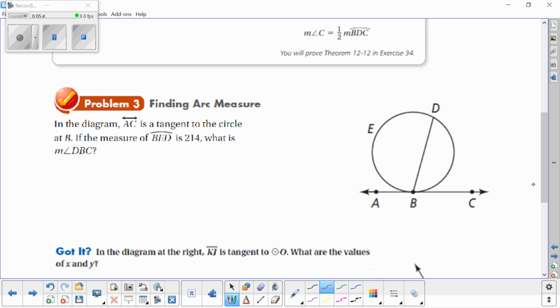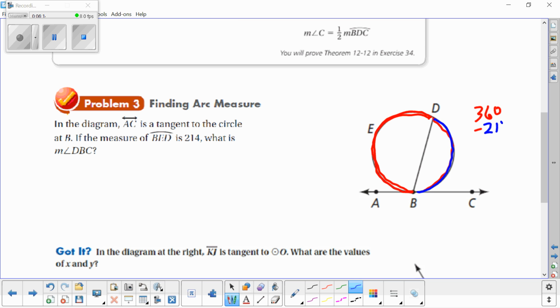All right. So in this diagram, AC is tangent to the circle at B. If the measure of arc BED is 214, what is angle DBC? Well, since this is 214, we can do 360 minus 214 to get this part of the arc, the blue arc.